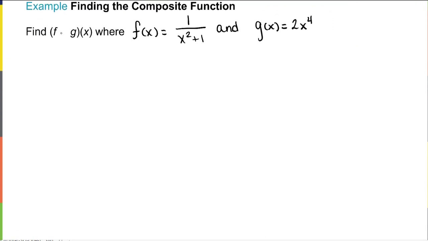Let's find the composite function f of g of x, where f of x is 1 over x squared plus 1, and g of x is 2x to the 4th.